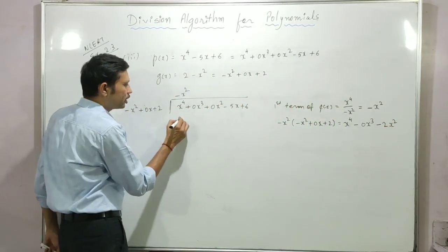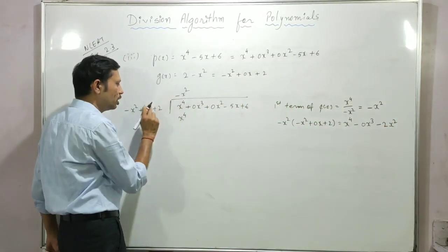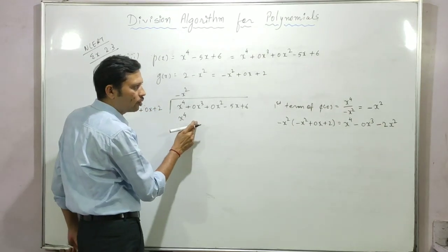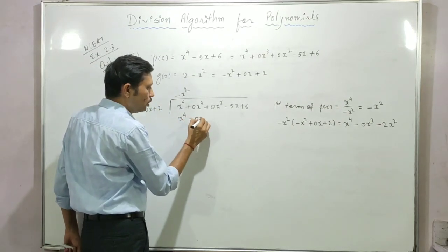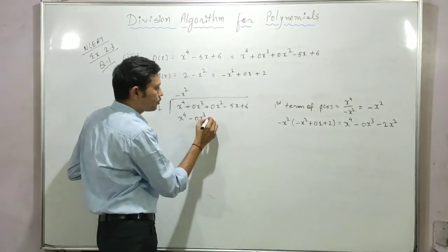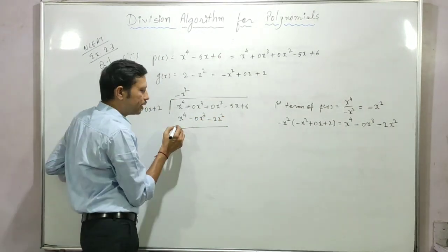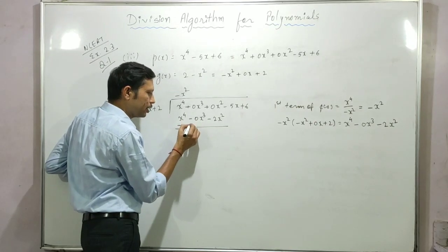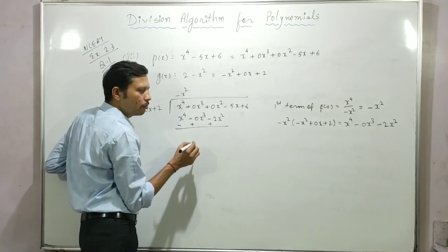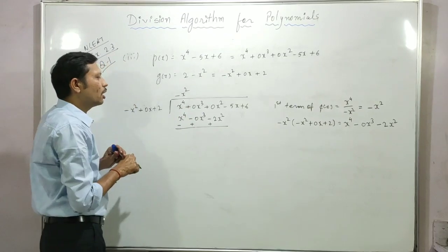So we write down this product here, x to the power 4 minus 0x cube minus 2x square. Now this one is subtracted, so plus becomes minus, minus becomes plus, and minus becomes plus. This one will be cancelled out.